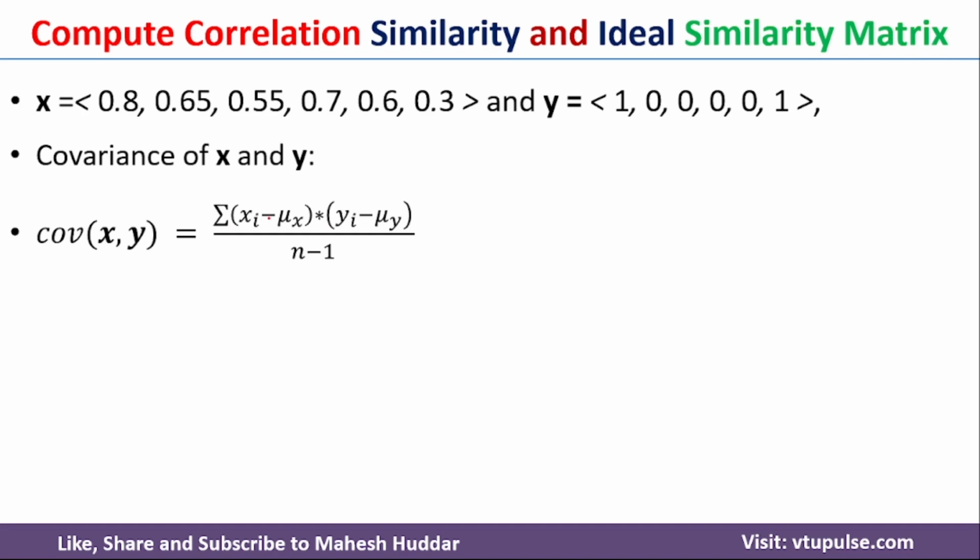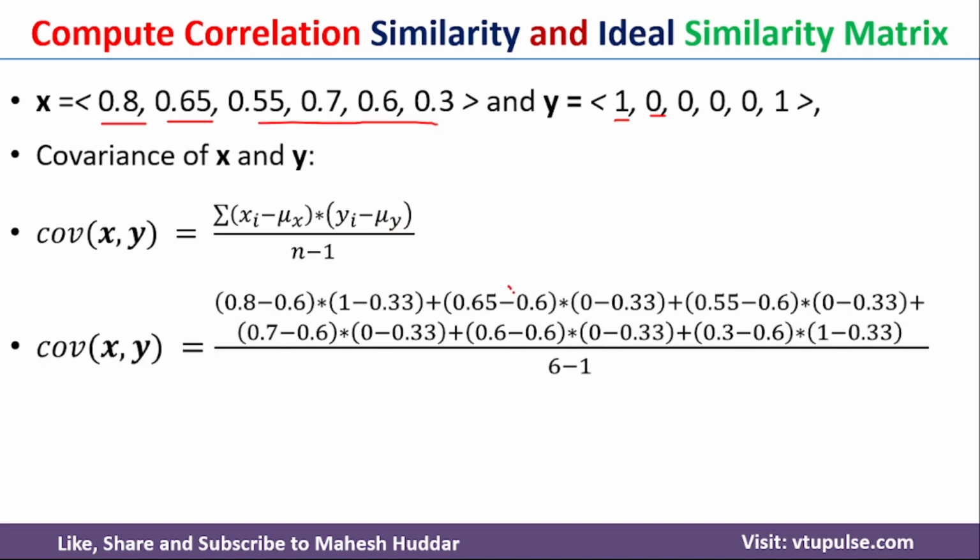The numerator contains xi minus mu x: xi is 0.8, minus mu x, that is 0.6, multiplied by yi minus mu y: yi is 1, so 1 minus 0.33 in this case. The second term will be 0.65 minus 0.6 and then 0 minus 0.33, and so on for all these elements. Divided by 6 minus 1, once you solve this equation, you will get the covariance between x and y as minus 0.2 here.